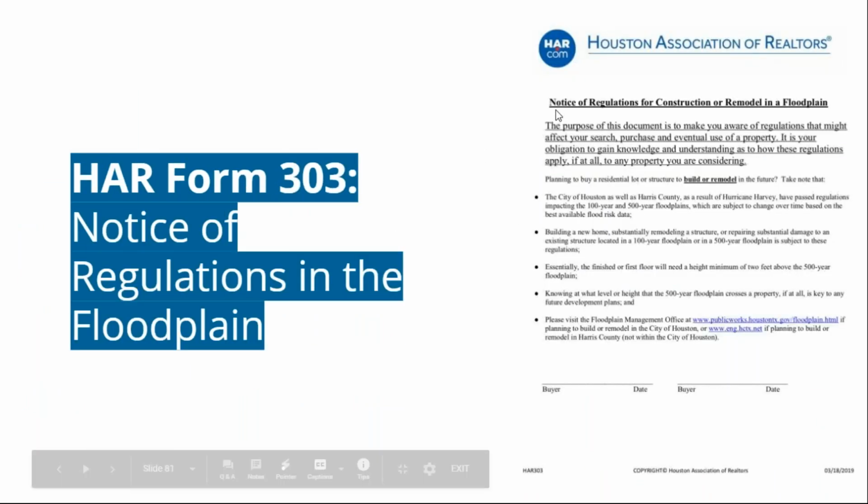Form 303, Notice of Regulations for Construction in a Floodplain. But I would do this in every case, not just the 100 or 500 year floodplain, because plenty of people are going to be in a floodplain that aren't in the floodplain today. So we use this for every buyer; every buyer signs this. We don't enter into any contract that they don't sign this. Good question.